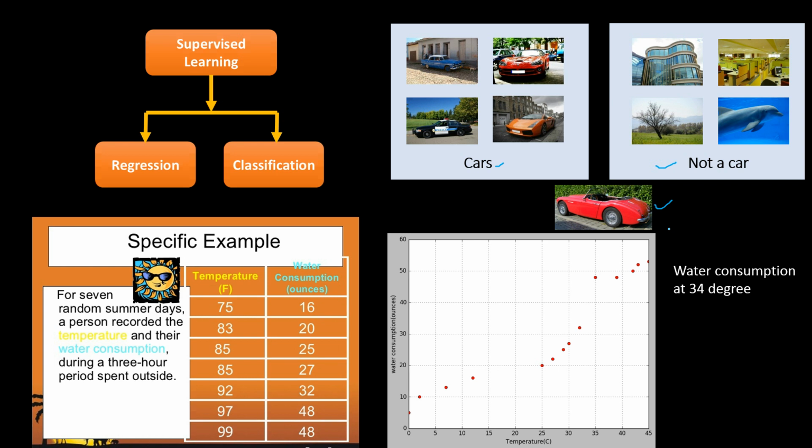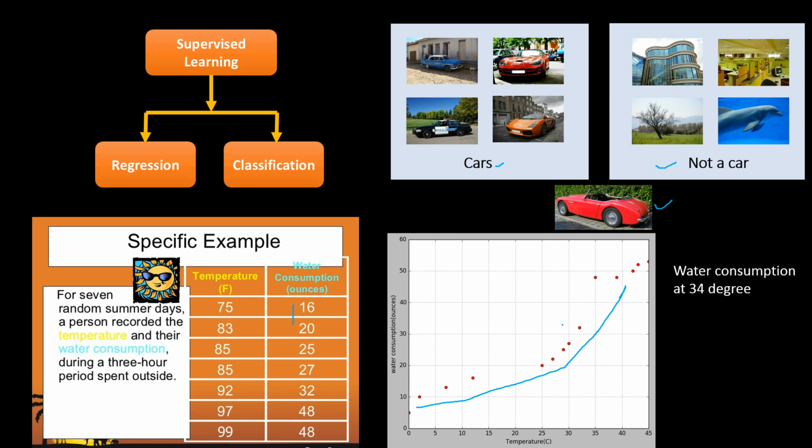And a regression problem is a problem where we do not classify or categorize anything. Instead, we have to predict some number, a real number or a real value. For example, we consider different temperatures, and at that temperature how many ounces of water to consume. So if this is the data, the algorithm will learn some model which is the best fit to this training data.